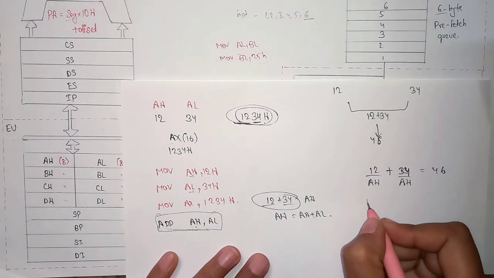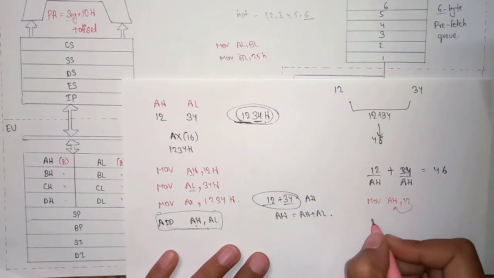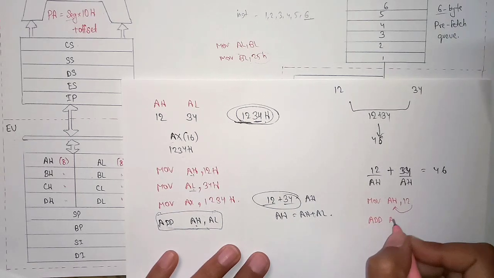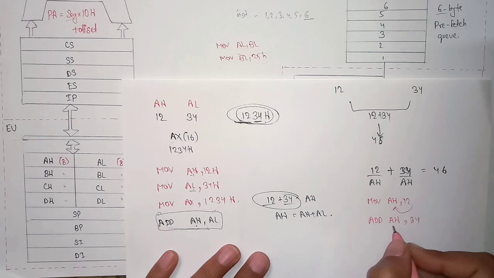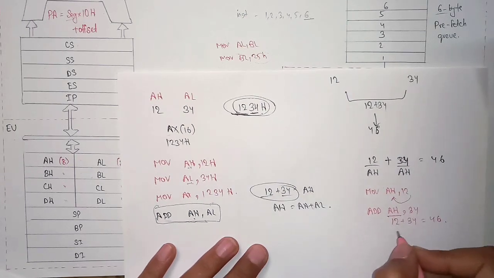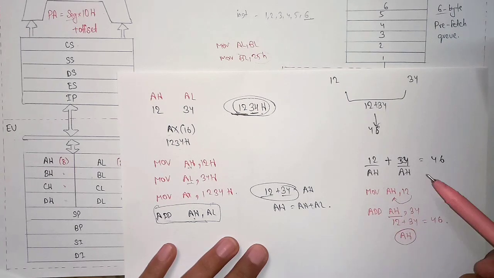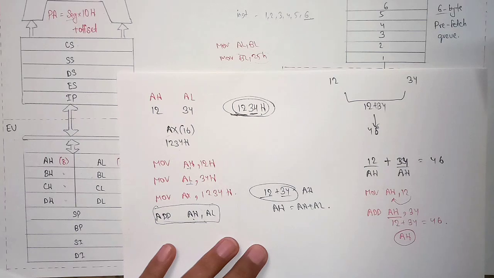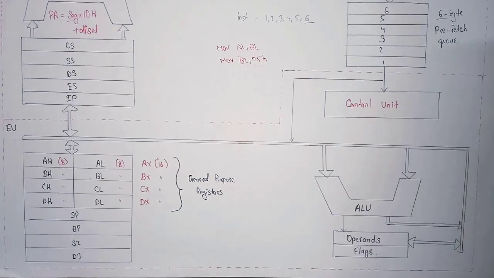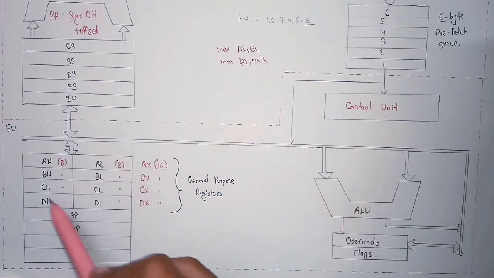If I write MOV AH, 12H, it will get stored in AH, and now if I say ADD AH, 34H, then AH is 12 plus 34. So the operation will get done and the result will get stored in AH. So that's how we can perform the same operation using the same register, and the other registers' memory will not get used. So that's how the control unit explains to every part of this execution unit what operation should be done and what values should be taken from these registers.